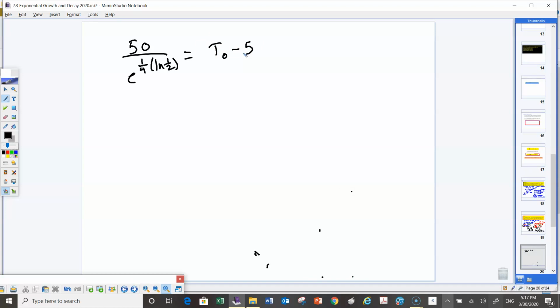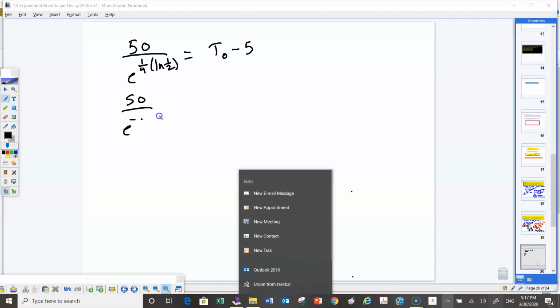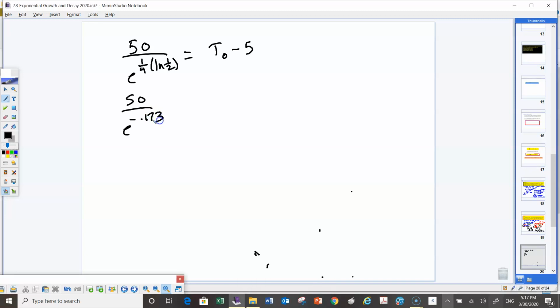So if I figure out the left-hand side, again, let's do the exponent first. So ln of 1/2 times 1/4, and I get 50 over e to the negative. And again, we wouldn't round off, but I'm just showing you the calculations, is equal to T0 minus 5.